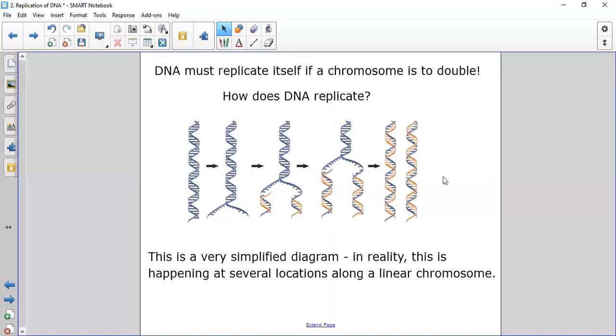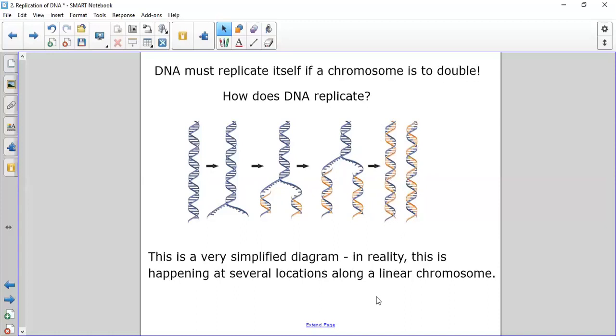Very simplified, but if you start to think about what's happening, the DNA strand, the double helix, is unwinding and becoming separated, and new strands are growing. From our one original strand here, we're going to end up with 2 strands. Each new strand is going to have one of the original strands in it, the blue one, and one new strand, which is the red one.